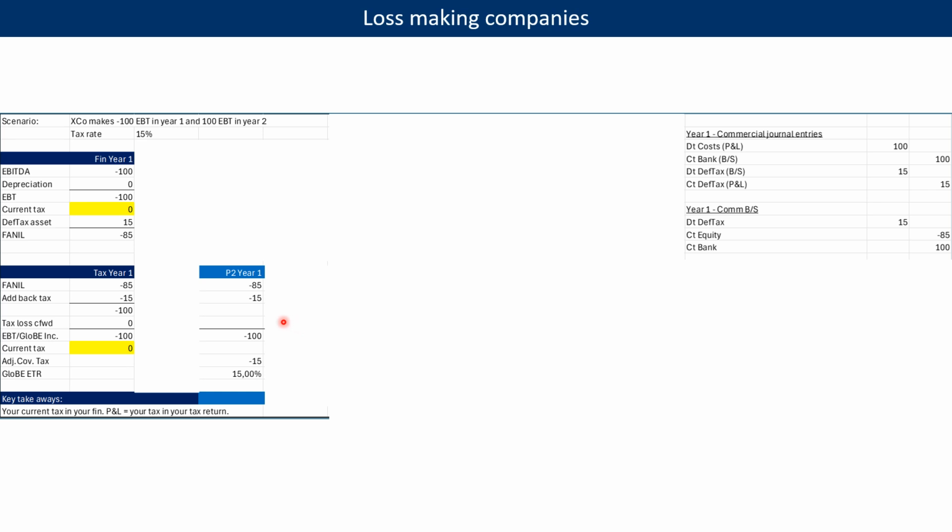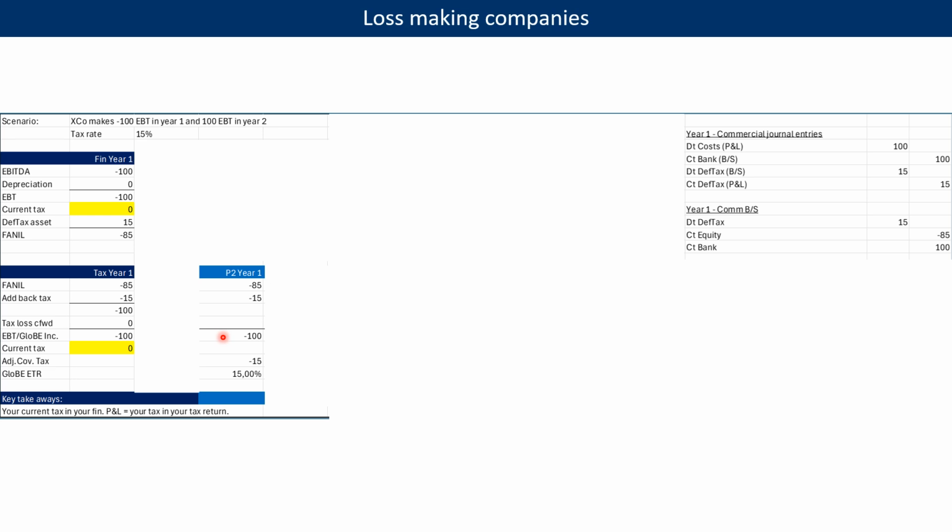So what happens in your GLOBE return? We start with a final, which is minus 85. So we say we've got minus 85. We add back all the taxes to get to our GLOBE income, right? So that will be minus 15. And then we come to minus 100, which is our EBT, but it's also our GLOBE income for the year. And then you need to go and look at your adjusted covered taxes.